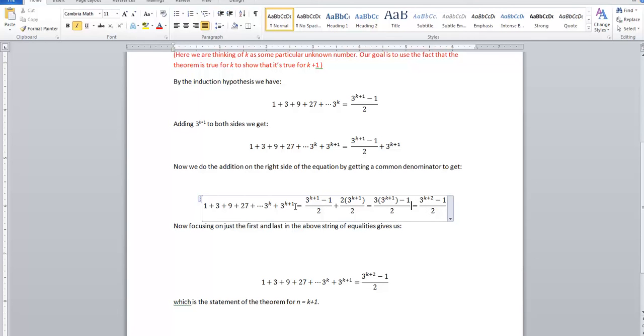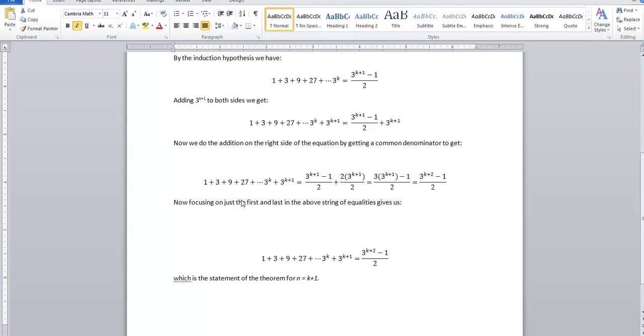So this left side is just the theorem with n equals k plus 1, and the right side is just the theorem with n equals k plus 1, and so we're done. Focusing on the first and last in this string of equalities gives us the theorem for n equals k plus 1, which is what we're trying to prove.